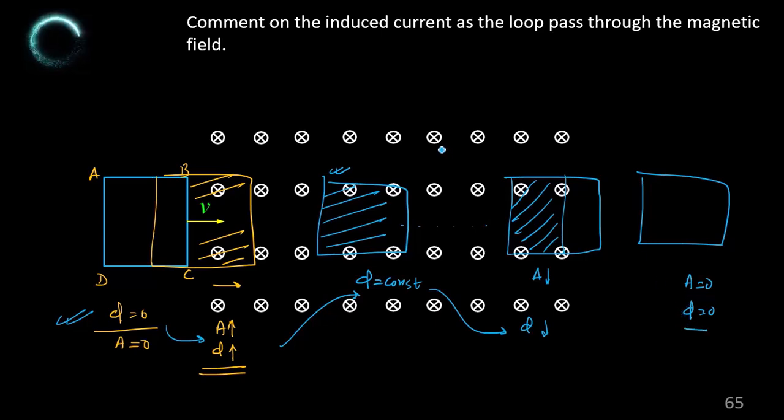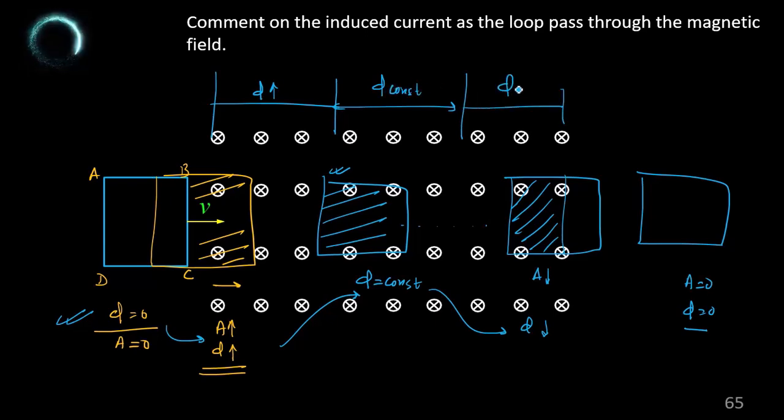So what we can comment is that, starting from this point to this point, the flux increases. From this point to this point, the flux remains constant. From this point to this point, the flux is decreasing.